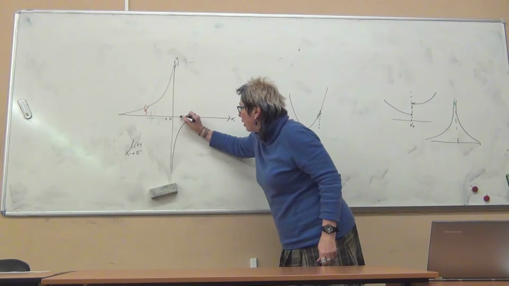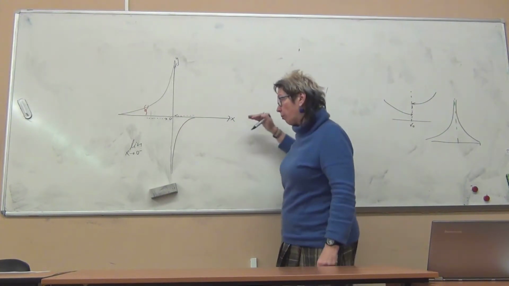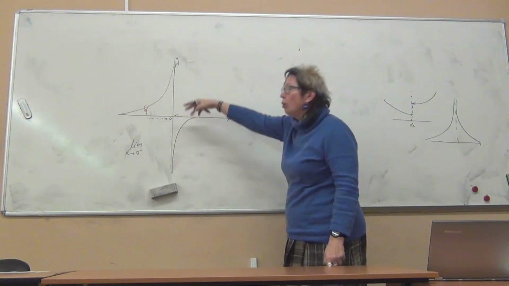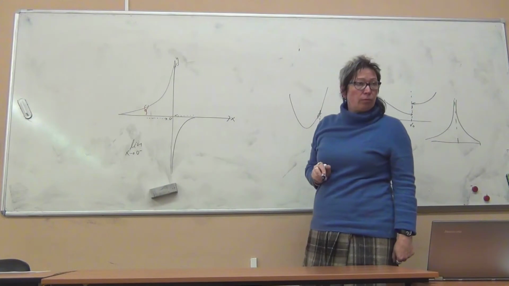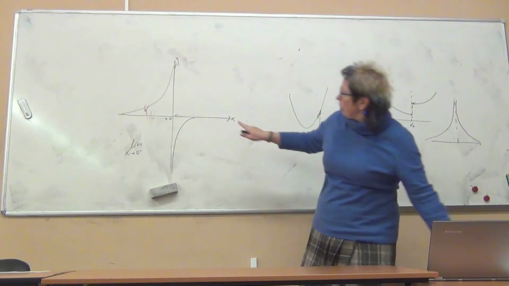As I approach 0 from the right, so 0 plus from the positive side, I see the function values. So it's not a helium balloon anymore. The peak is up to minus 2.